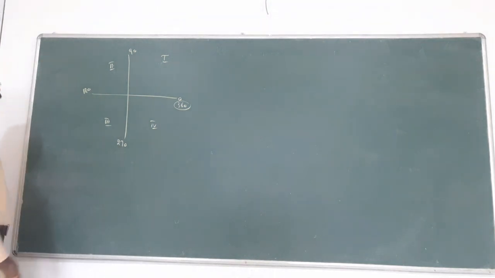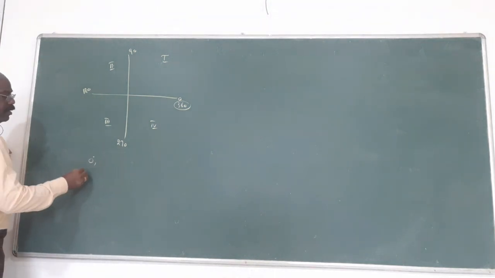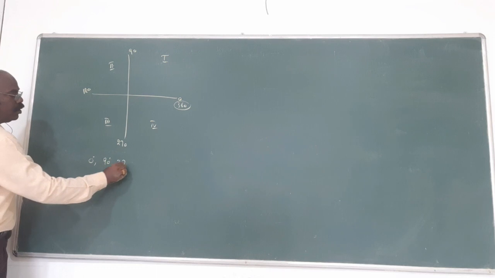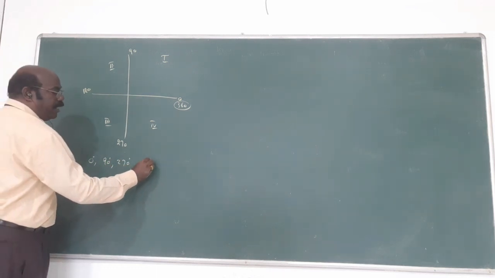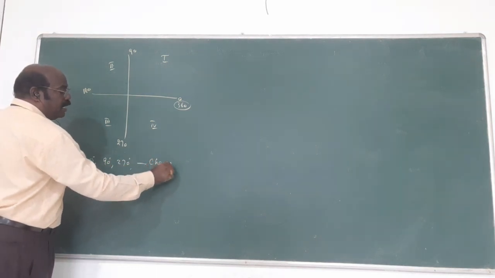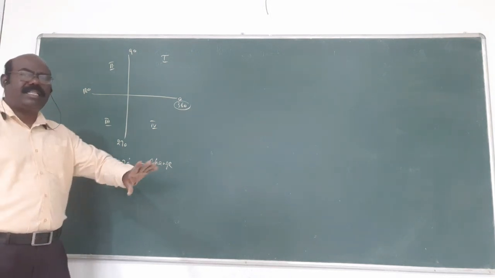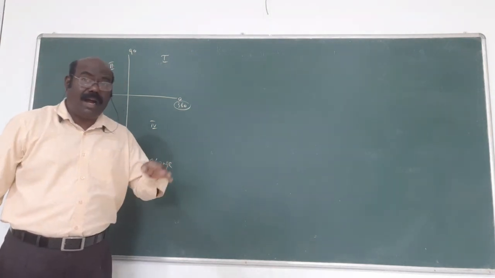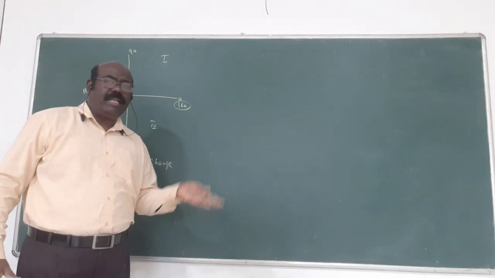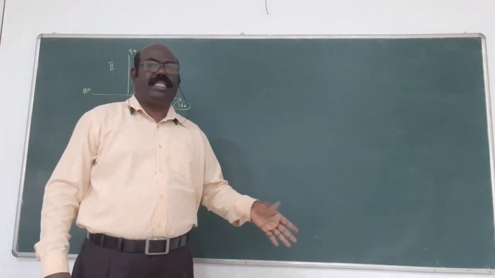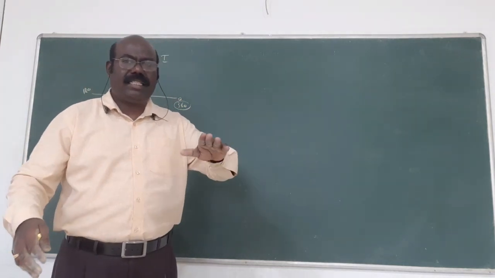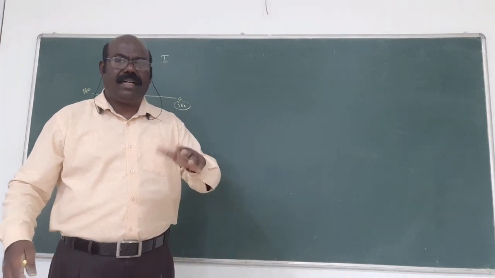Very important concept. 90 degree and 270 degree involve a change. Change means what? Sine becomes cos, cos becomes sine. Tan becomes cot, cot becomes tan. Cosecant becomes secant, secant becomes cosecant. It's only 6 ratios, you know. Sine to cos, cos to sine. Tan to cot, cot to tan.